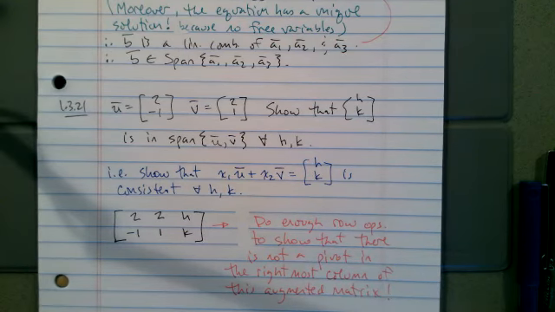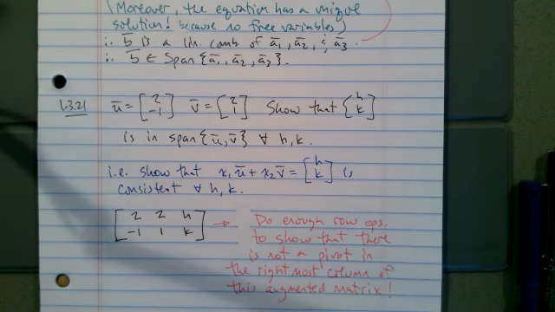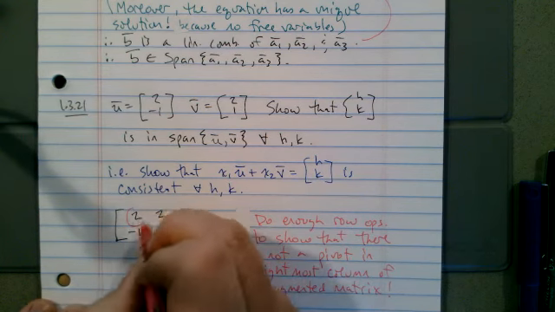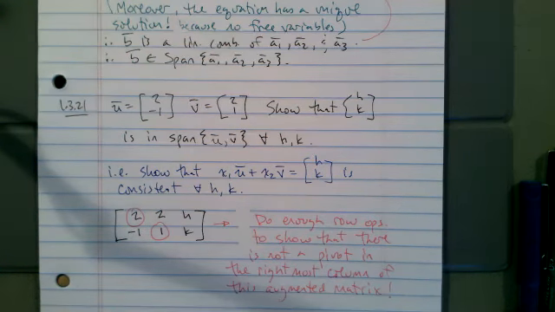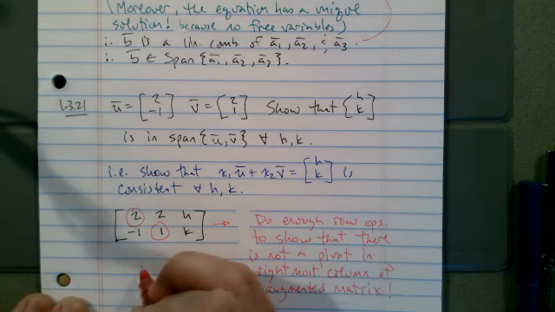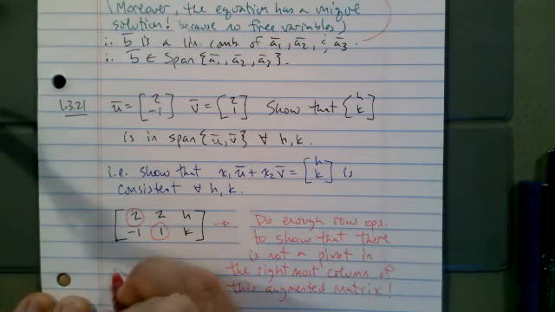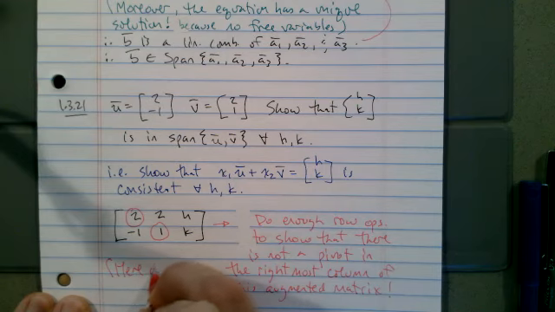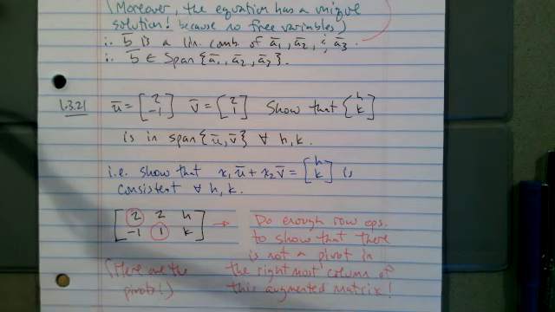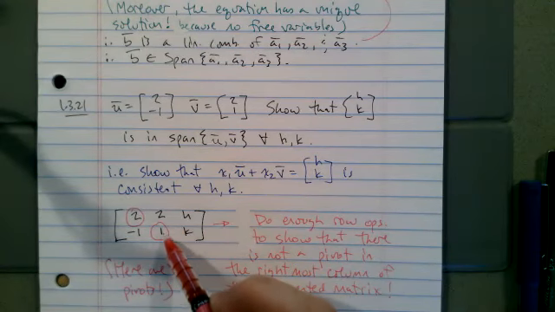So you just take this augmented matrix and do some row operations, and you'll find that there are pivots in the first row, first column, and the second row, second column. We're not going to have a pivot there because there's going to be a non-zero constant here.